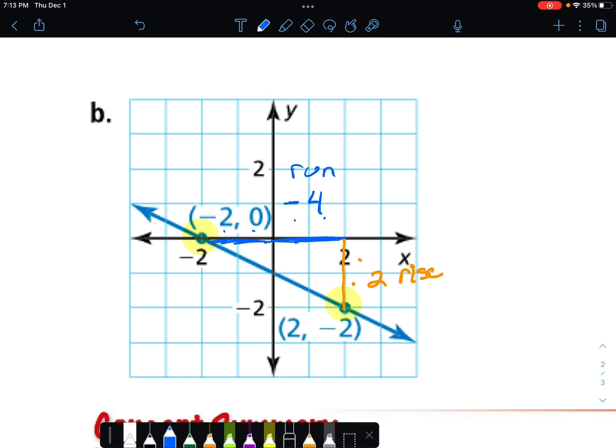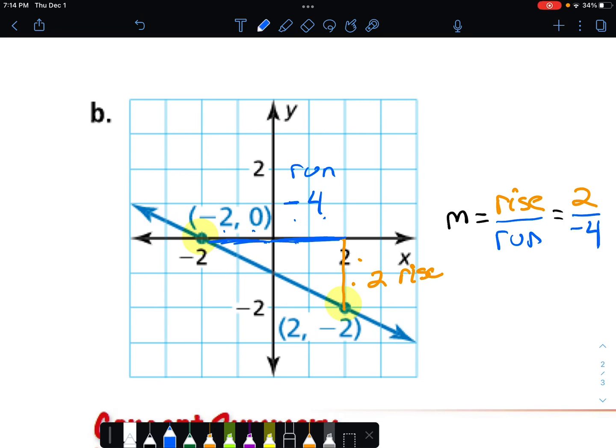You notice why they call it rise and run? Rise is going up and down. Run is going from left to right. So my slope is going to be equal to that rise over run. The rise is equal to 2, and the run is equal to negative 4.